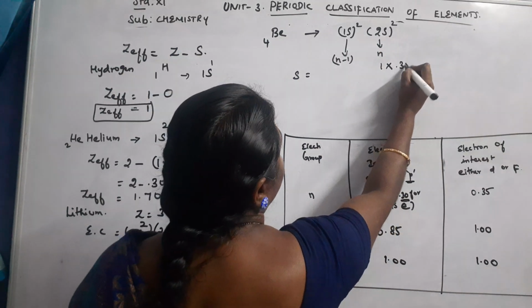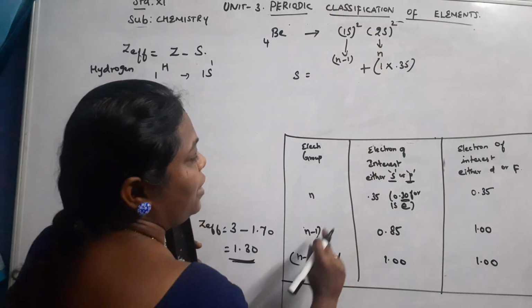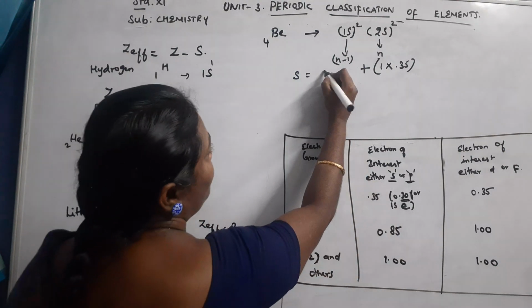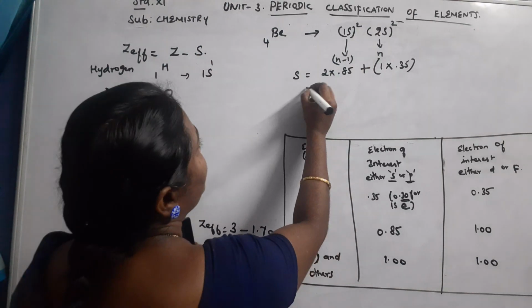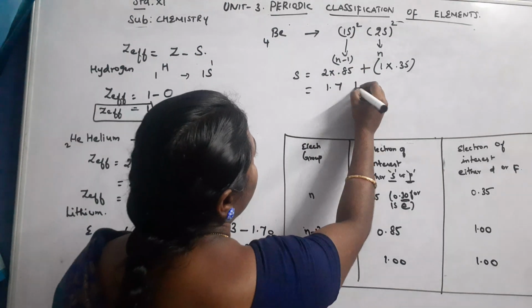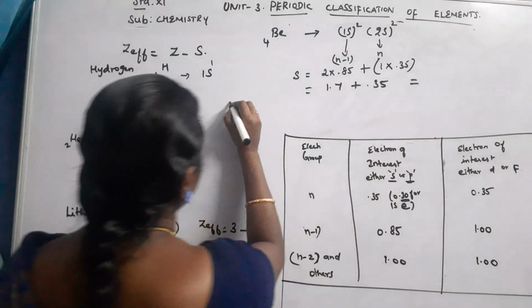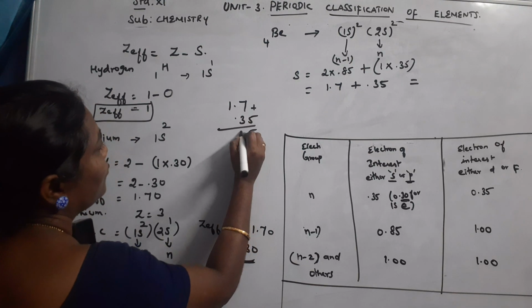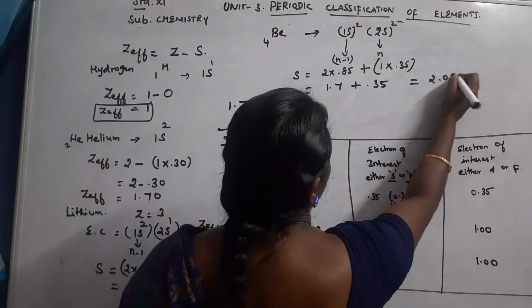1 into 0.35 plus how many electrons are here? 2. For n minus 1 the shielding effect is 0.85 per electron, so 2 into 0.85, which is 1.7, plus 0.35. Let us sum up these two, which is equal to 2.05.